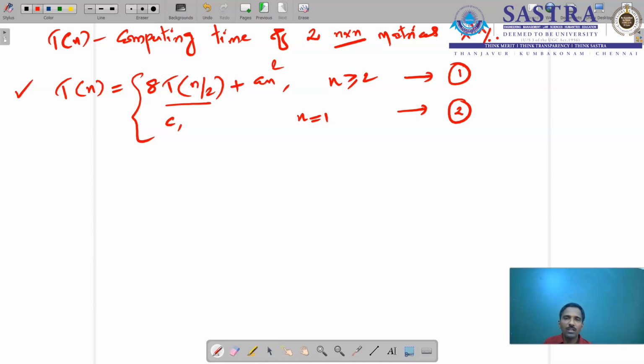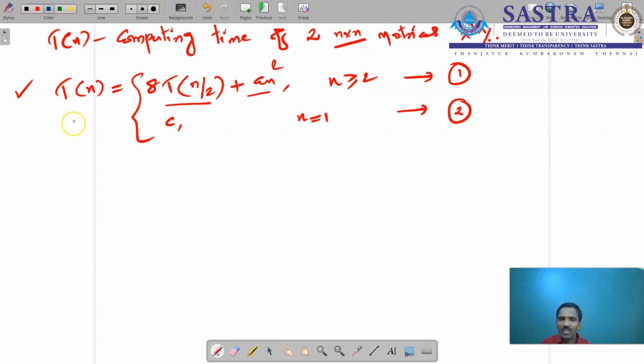For a fixed number of additions we have a cost A, so the computational time is n square. That is, 8 into T of n by 2 is added with A into n square.